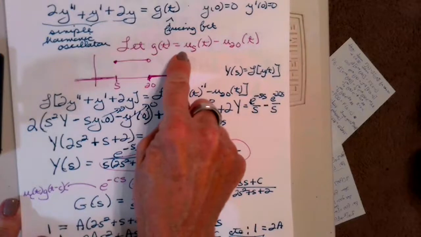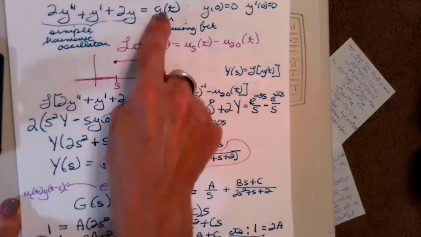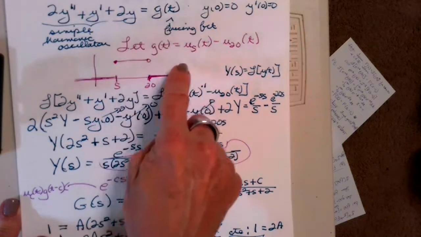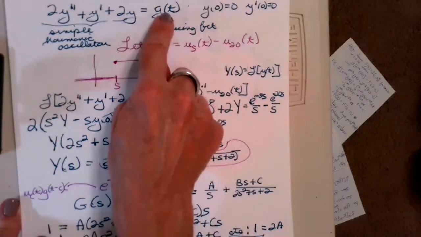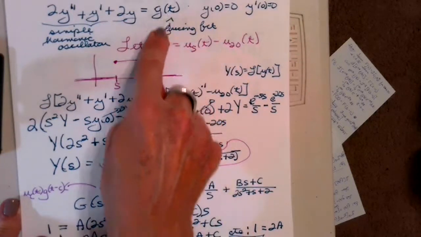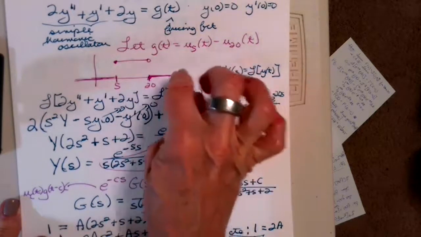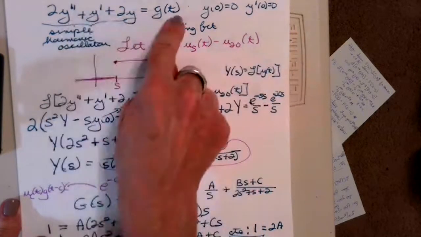One on the interval from 0 to 5, where you get just the forcing function of 0. Another on the interval from 5 to 20, where the forcing function is 1, because this one's 1 and that one's 0 when t is between 5 and 20. And when t is bigger than 20, you have to solve again with the forcing function 0.